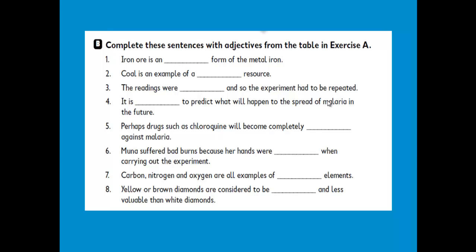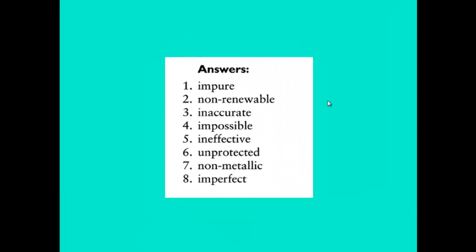Carbon, nitrogen, and oxygen are all examples of space elements. 8. Yellow or brown diamonds are considered to be space and less valuable than white diamonds. You can think of these spaces, my students, and after thinking we can see the answers.